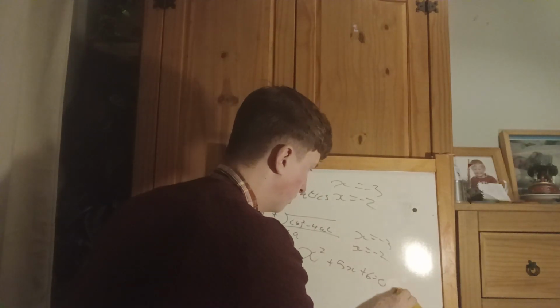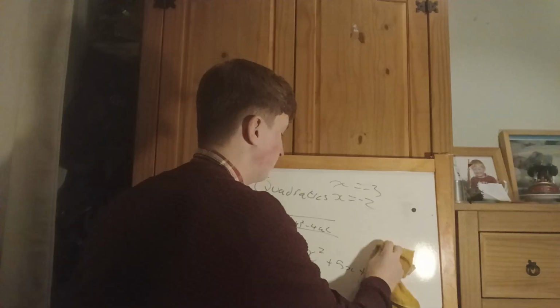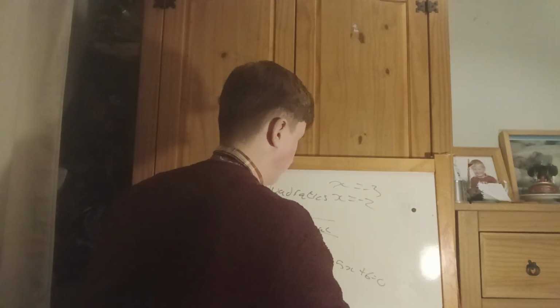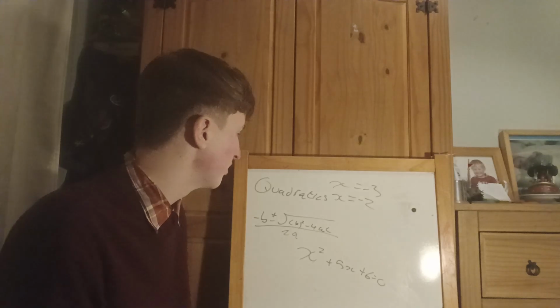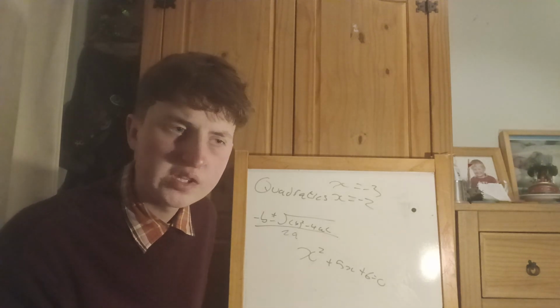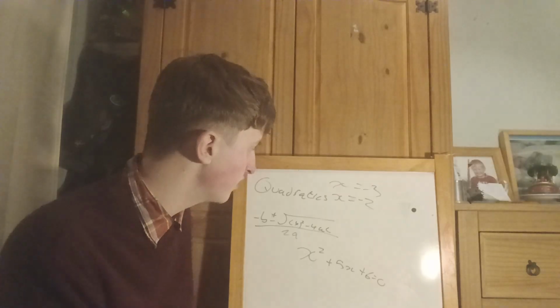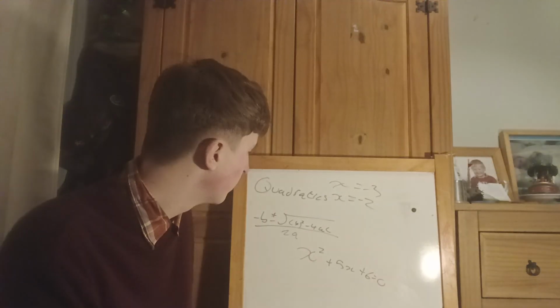If we stick with the same question, x squared plus 5x plus 6, and we use the quadratic formula. Sometimes in the exam, if they don't specify which to use, you can use either, or the other one I'm going to show you, which is completing the square.